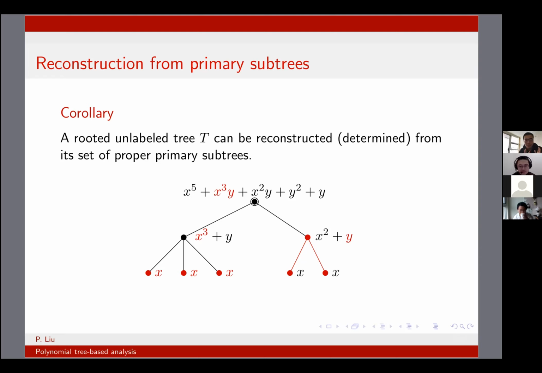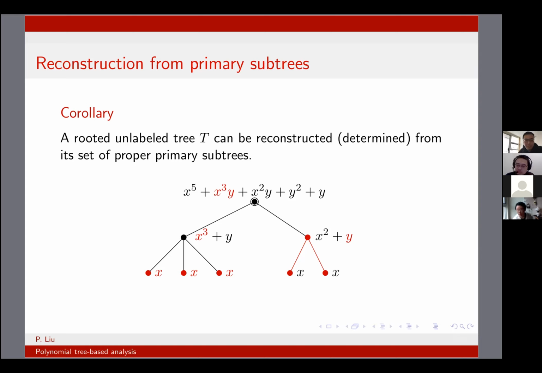Then you subtract y inside the parentheses, and you have x times x times x, and x squared times x squared. The parentheses give you the tree structure, which is called the Dyck representation.